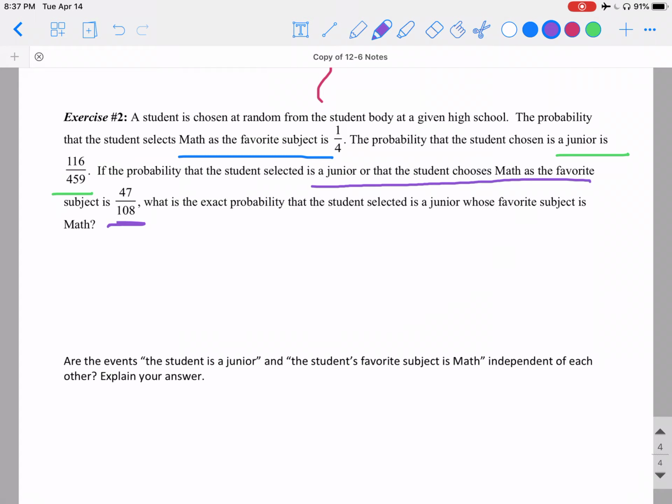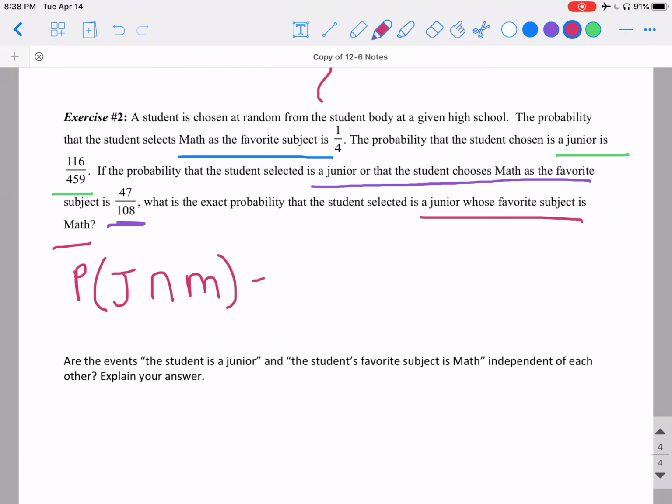So I want to figure out the exact probability that the student selected is a junior whose favorite subject is math. So that's just a way of writing, I want the probability of a junior and a math lover. Okay, so that's really an intersection.